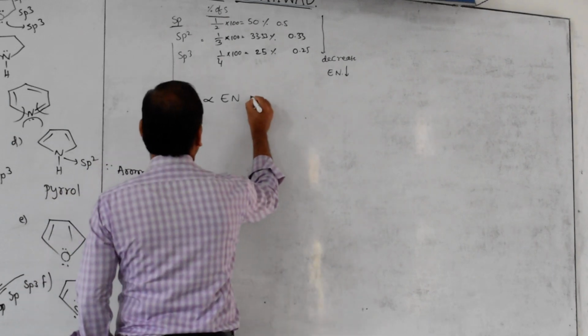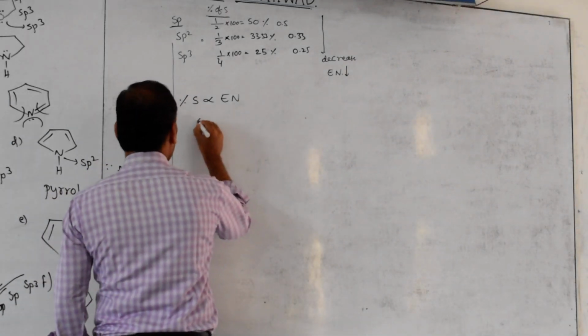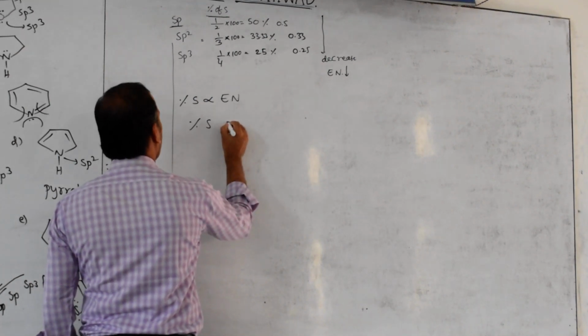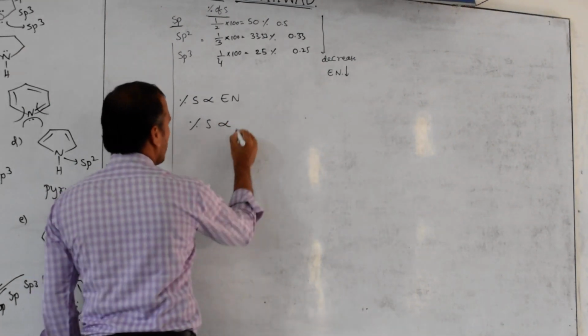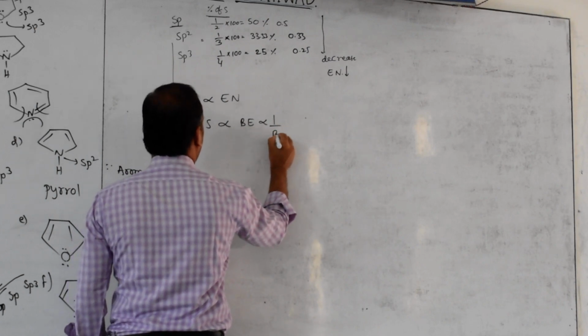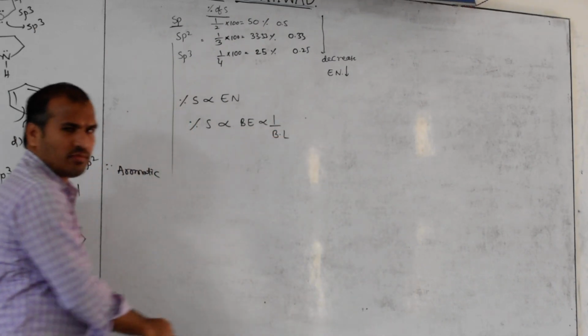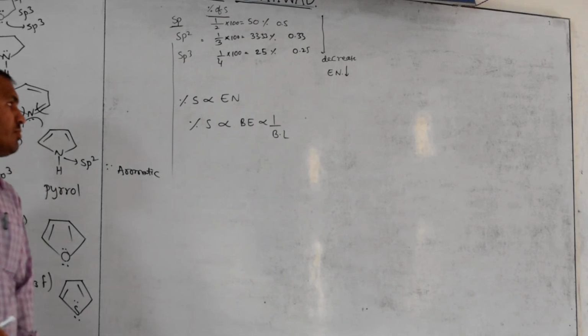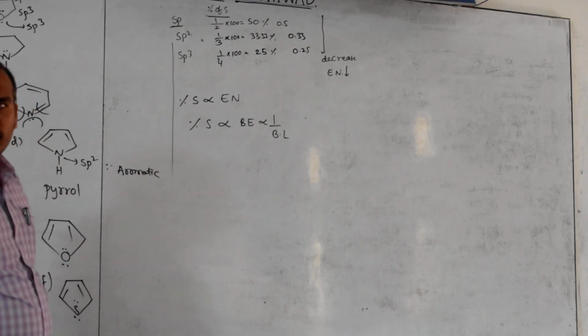Next, percentage of S character is directly proportional to bond energy, inversely proportional to bond length. Important statement is that.